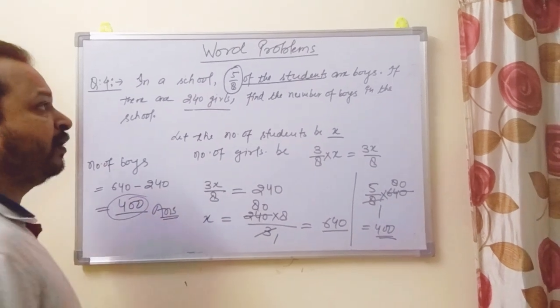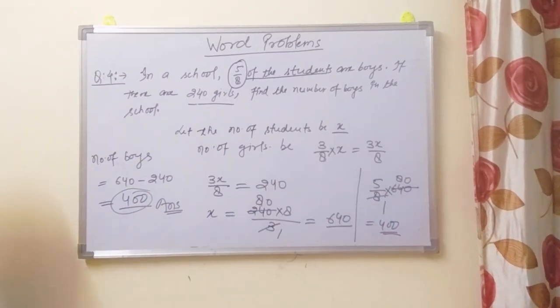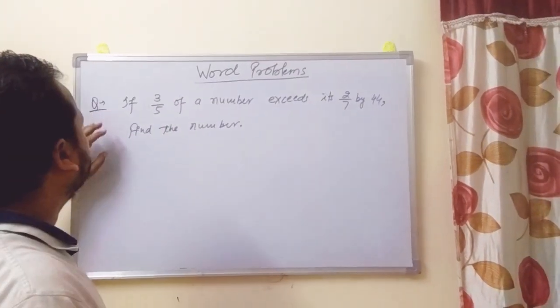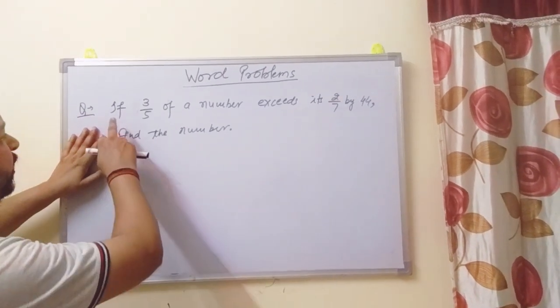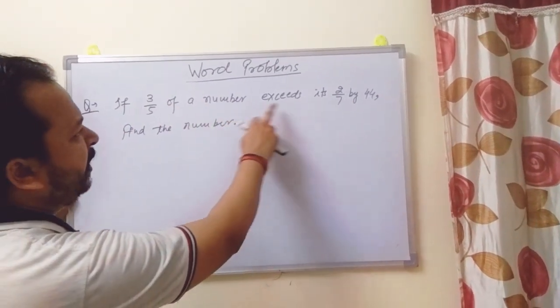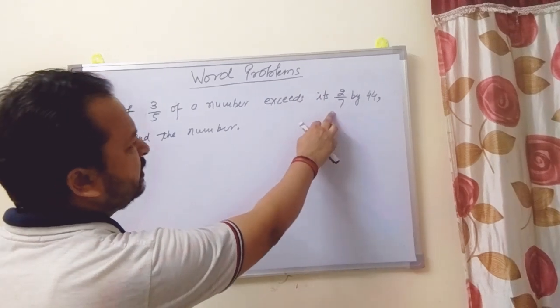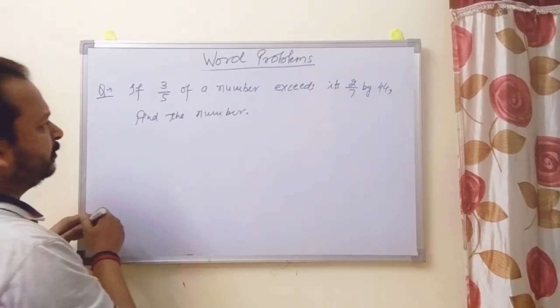Now come to the next question. The question reads: if 3 by 5 of a number exceeds its 2 by 7 by 44, right?